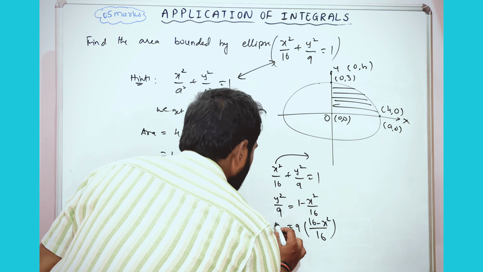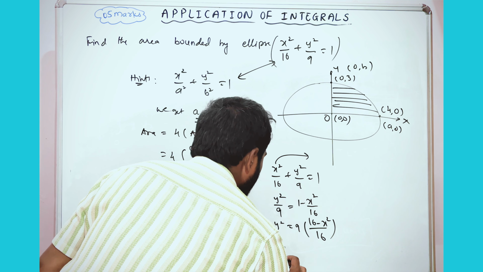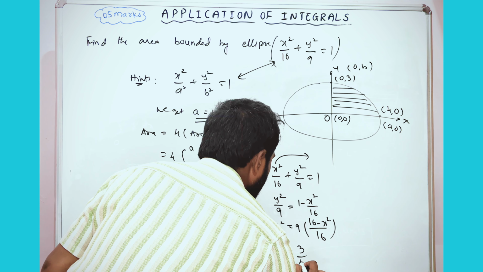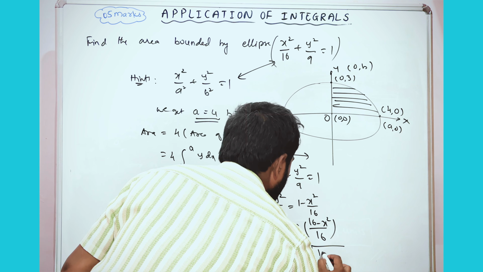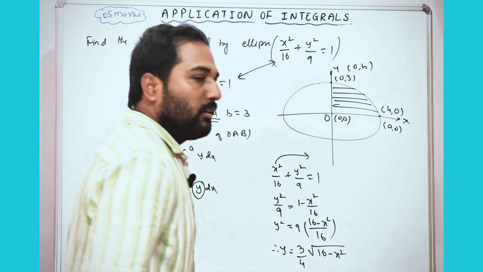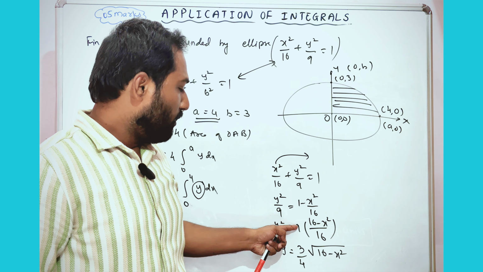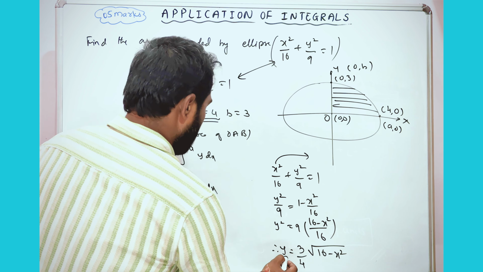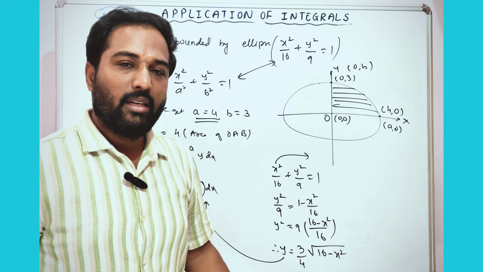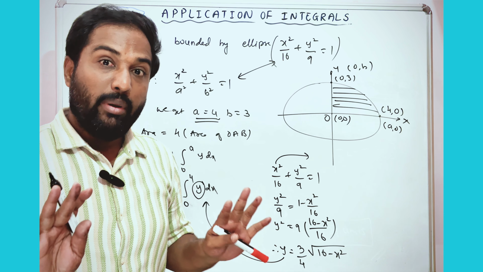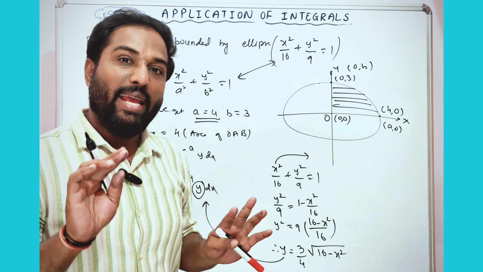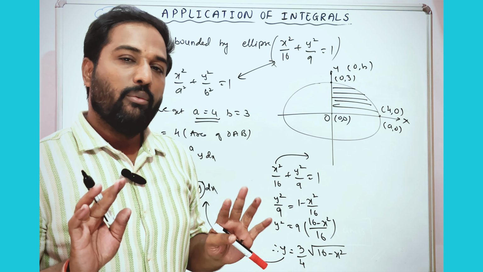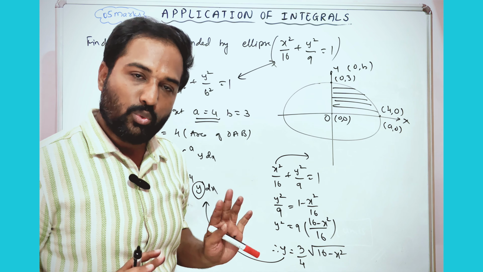So this is y square. Therefore, y will be what? Square root of 9 is 3, square root of 16 is 4. Use this here and integrate using the same integration formula, that is the square root of a square minus x square formula, where a square will be your 4 square, that is 16.